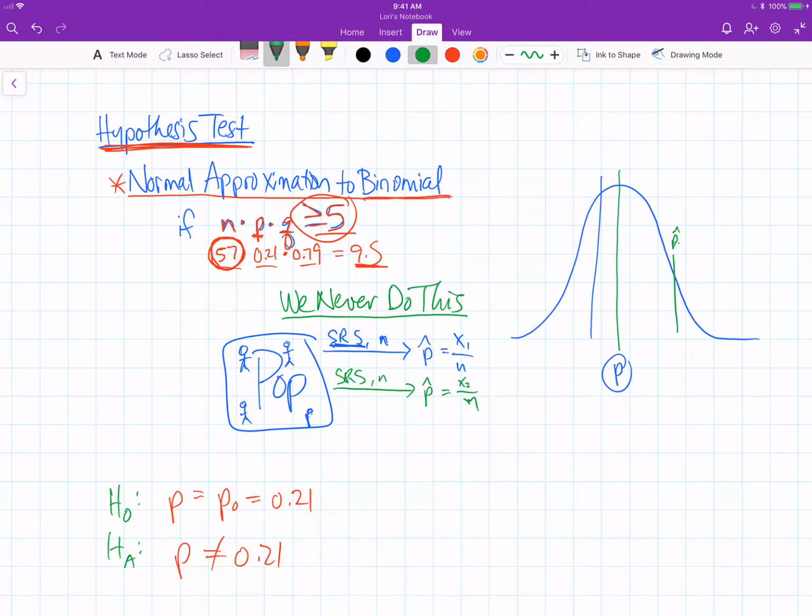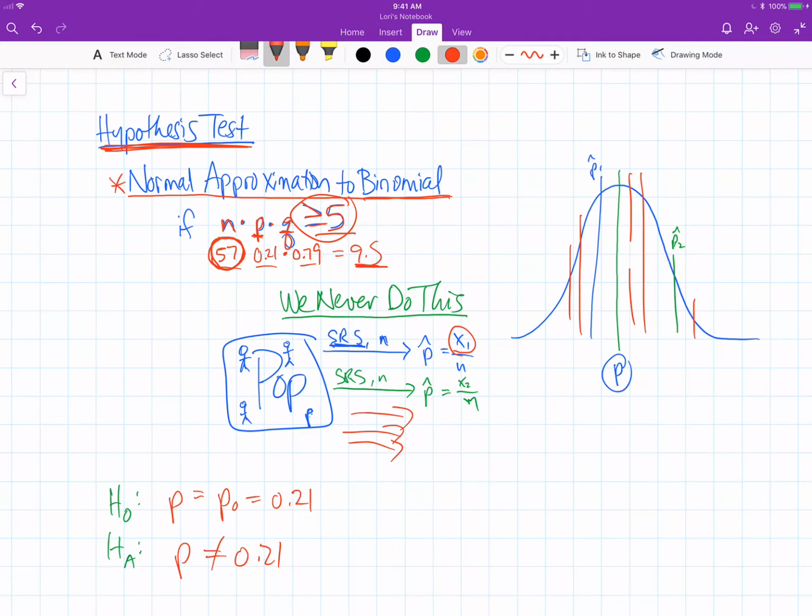So here's p-hat 2, here's p-hat 1. If we repeat this over and over, we draw all these different samples, we would end up with different proportions depending on how many in that particular sample ended up being smokers.